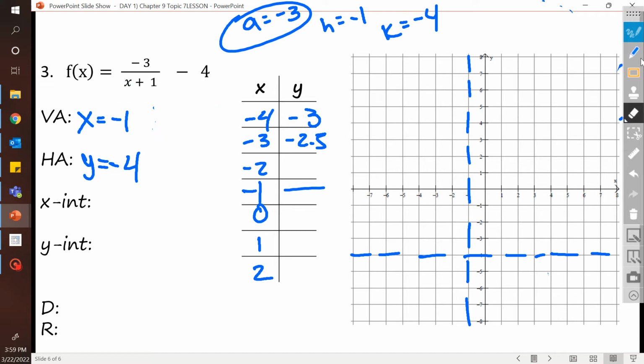Plug in -2. So -3 over -1 minus 4. So 3 minus 4, that's -1. Plug in 0. So -3 over 1 minus 4, that's -7.